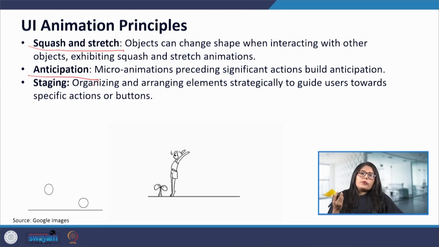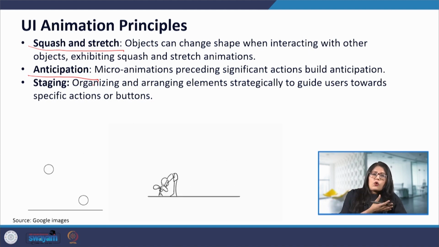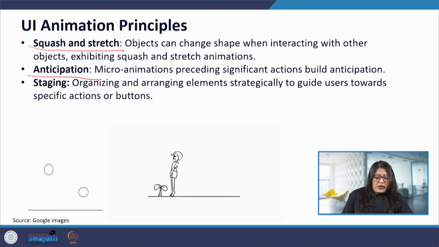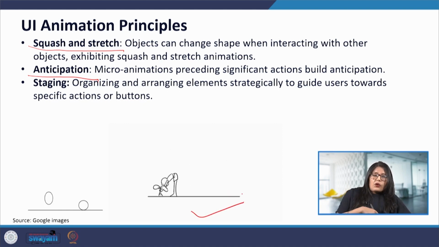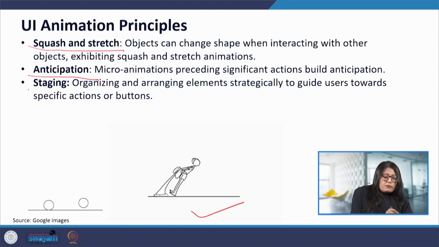Some micro animations cause a feeling of anticipation, like we saw in the previous slide also, that the user is waiting for what will happen. Here also we can see in this particular example that we are waiting to see what happens when this person pulls, will it come out or not, or many other feelings may be generated.